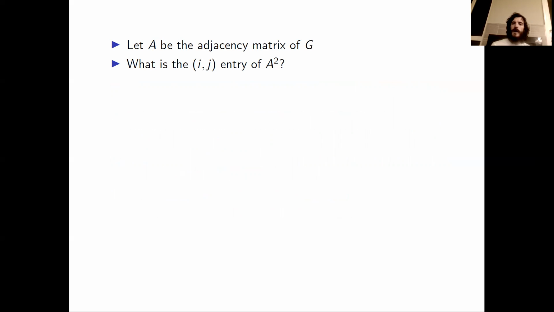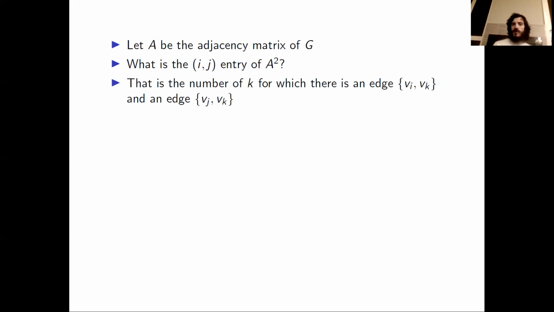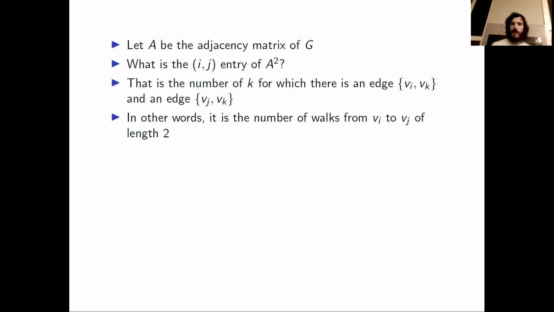When we calculate the ij entry of A squared, when we multiply A times A, the ij entry is just going to be the number of k for which there is an edge vi vk and there's an edge vj vk. This quantity is the exact same quantity as the number of walks of length 2 from vi to vj.